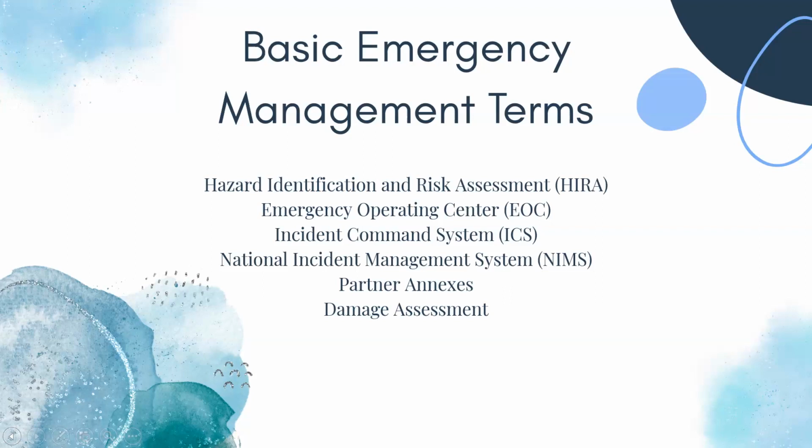Then there are partner annexes. This is a way to identify possible partners to coordinate and cooperate with these different types of agencies. This is just a fancy term for that. And then a damage assessment.